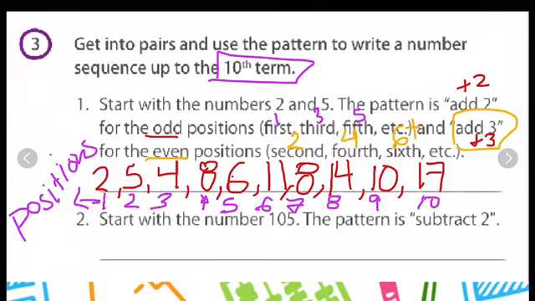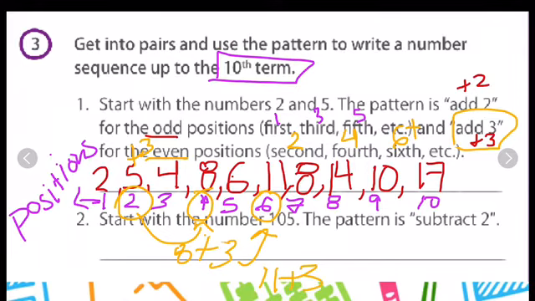I will add 3. So second place, 5 plus 3, 8. 8 plus 3, 11. 11 plus 3, 14. 14 plus 3, 17. You see? How is the sequence?